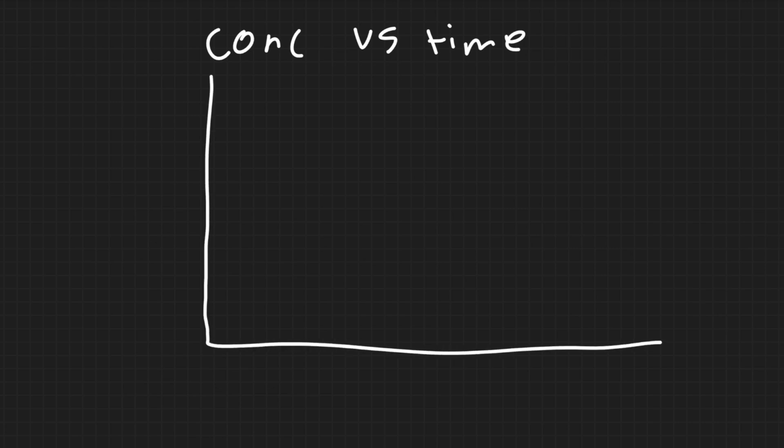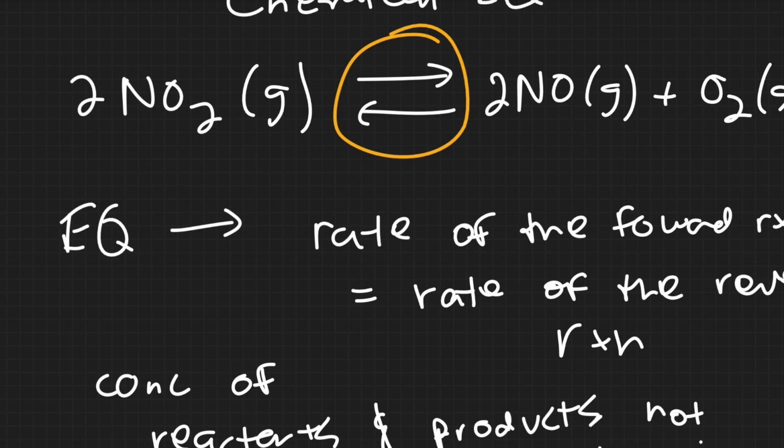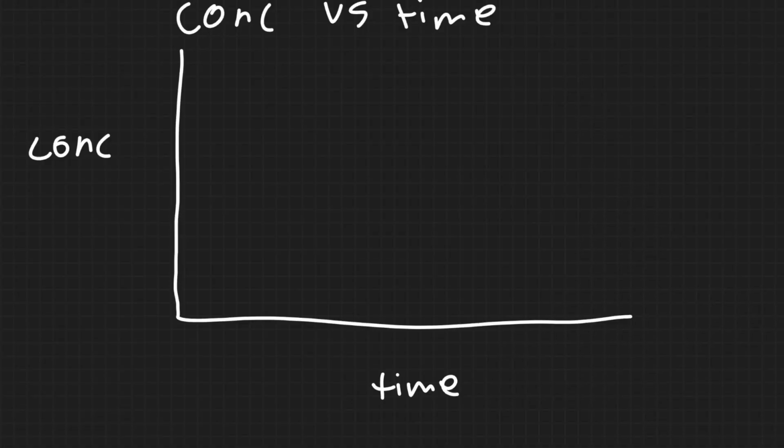I'll say that the y-axis is concentration, the x-axis is time. Essentially what's going to happen here is, if we look back at our equation, we know that as the reaction proceeds, going from left to right, the concentration of our NO2 is going to go down because we are using it up to create a product.